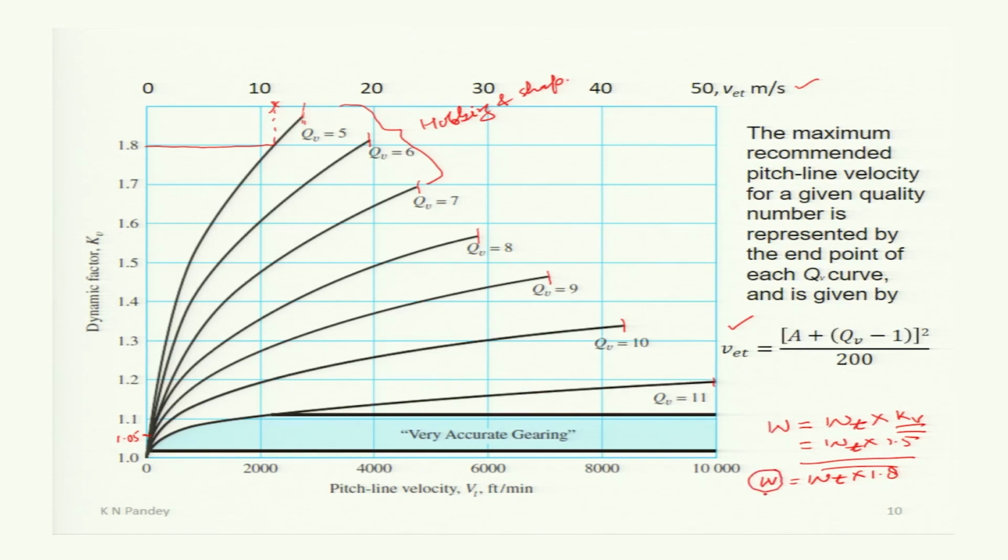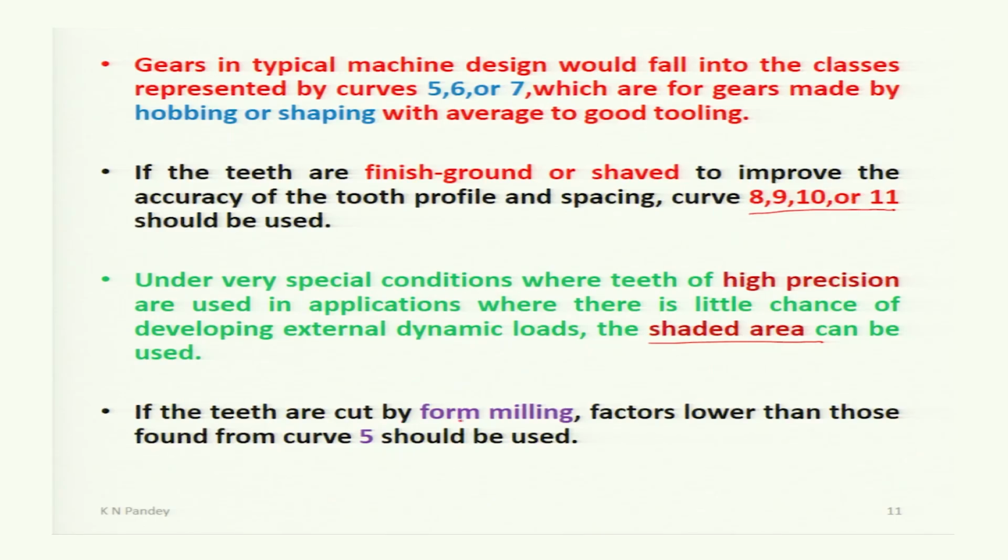And so, the bending stress will be very much high, almost 80% high in comparison to when the load Wt would have acted on it. Now, if the teeth are cut by form milling, factors lower than those found from curve 5 should be used.